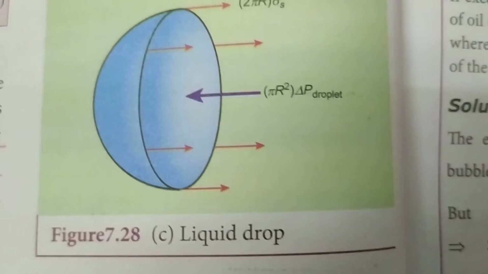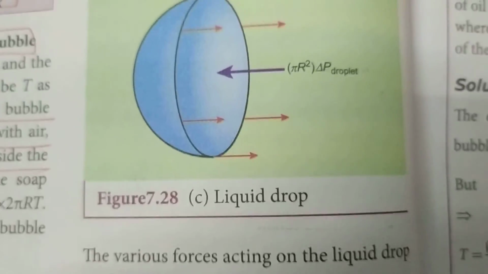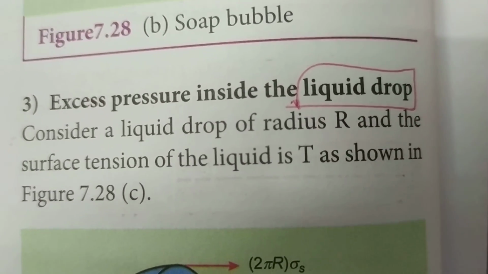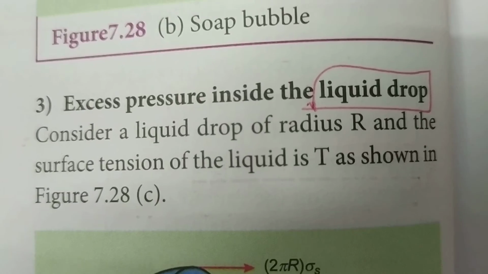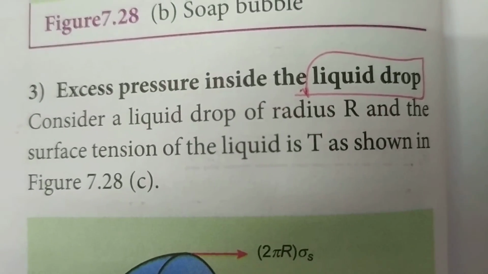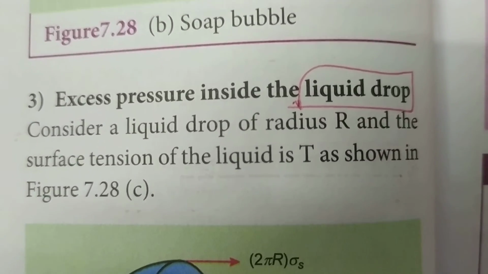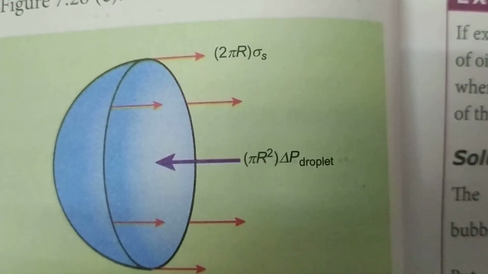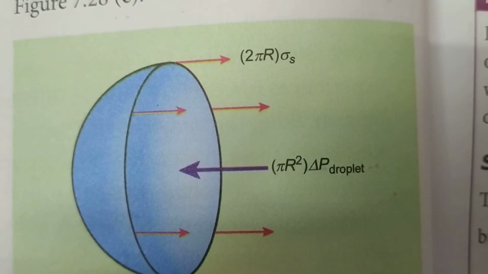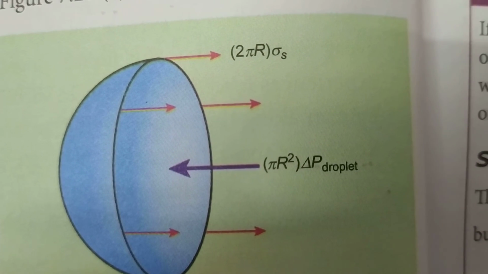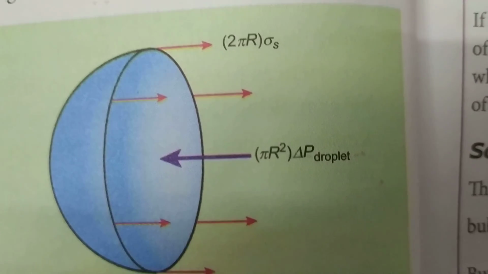And next, we see the excess pressure inside a liquid drop. Here also there is only one surface in contact with the air. So this derivation is the same as the first case. Here also the surface tension will be acting along the circumference, and the pressure will be acting across the surface area.